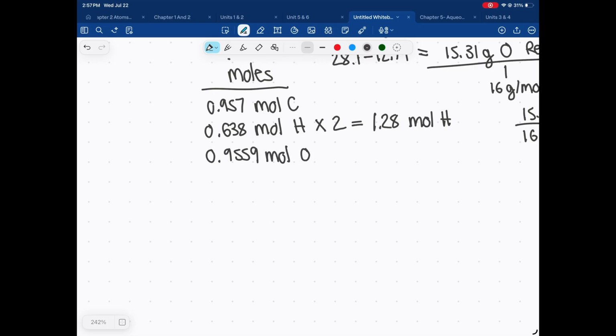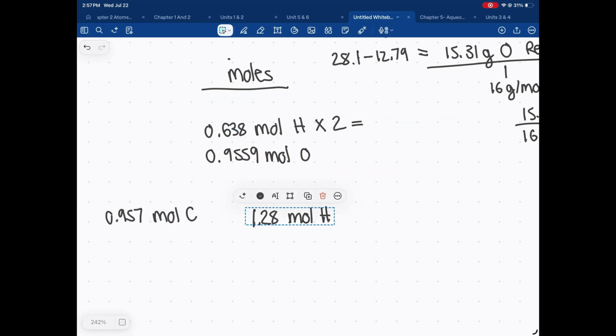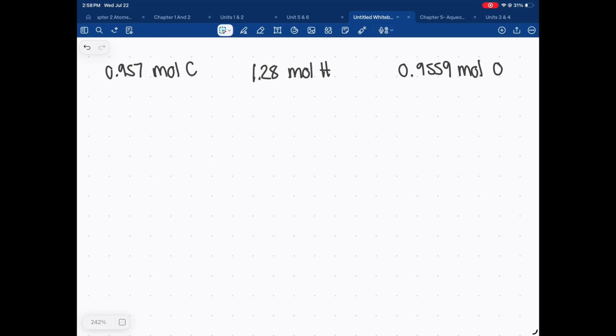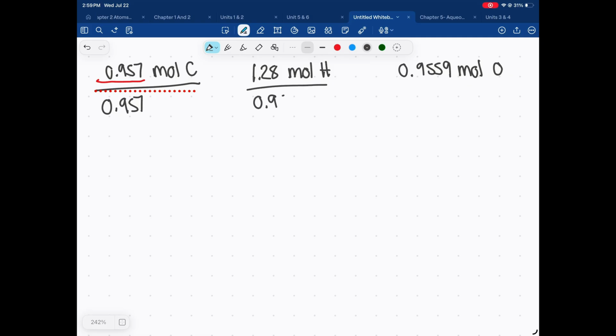Now, to find the empirical formula, we have to pick the smallest element, or the smallest mole, and divide that by each of the present elements. So in this case, I picked C as my smallest element, but I see now that oxygen is my smallest element.